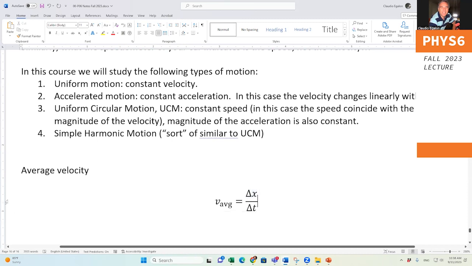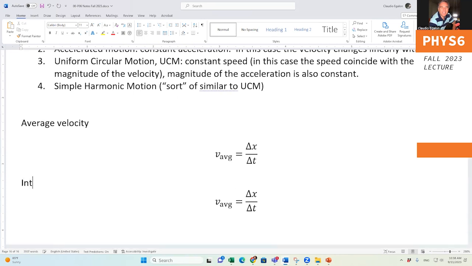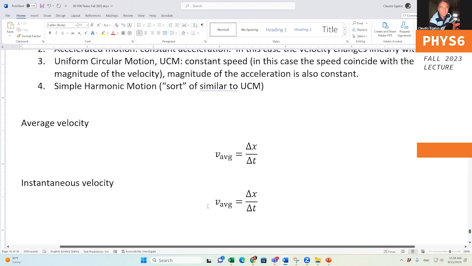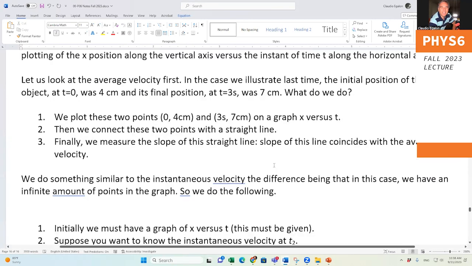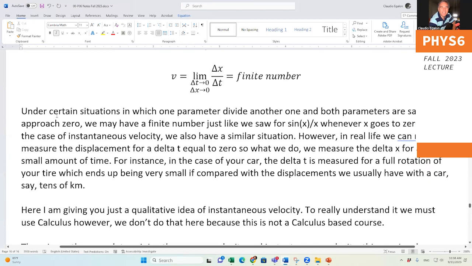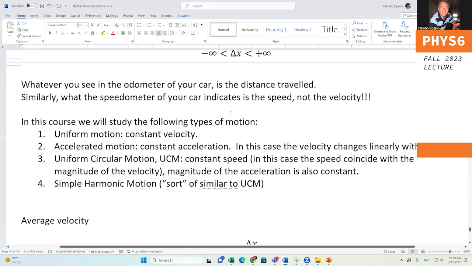And then instantaneous velocity. We need the definition of instantaneous velocity to define average acceleration. All you have to do is put that limiting condition that I put for you. Here you go. Instantaneous velocity.